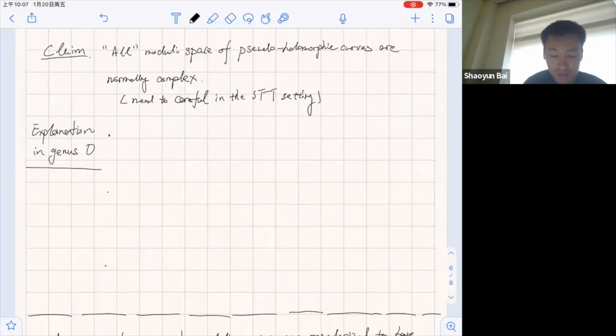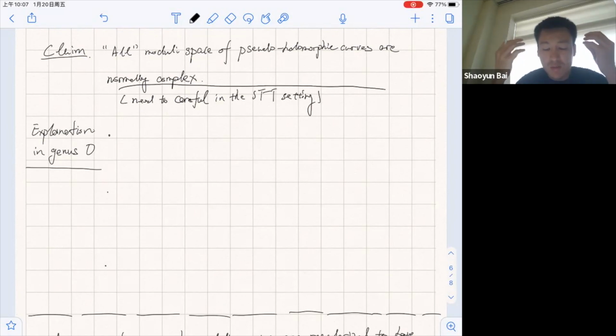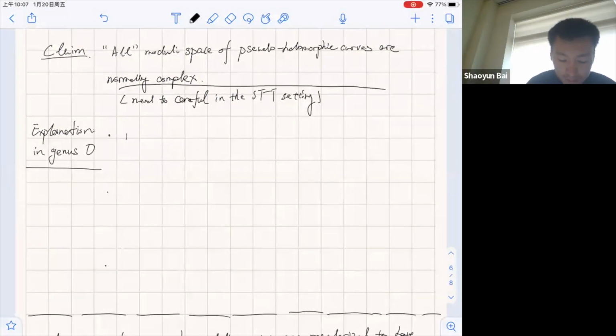So let me try to convince you why this statement makes sense in the settings I said before. Let me give you an explanation in the case of genus zero curves. Normally complex means that for points with non-trivial stabilizer, the normal direction of its tangent space has a complex structure. And for moduli spaces of J-holomorphic curves, points with non-trivial isotropy really come from multiply covered spheres, at least in the genus zero case.